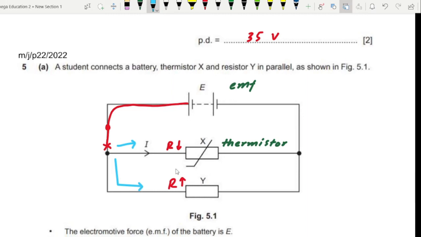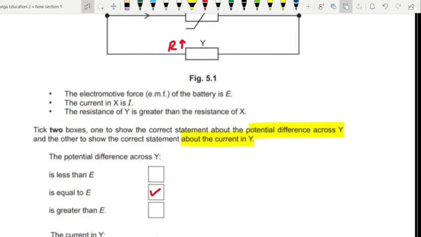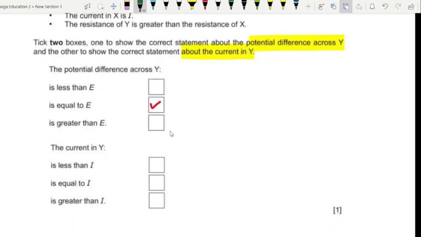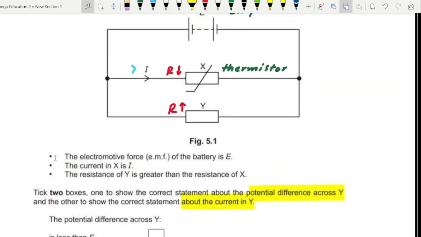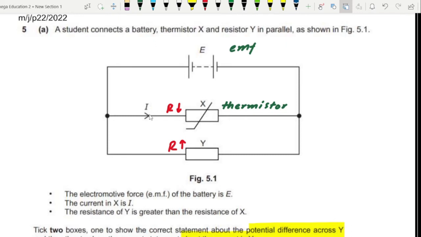So through the component Y, say it is having more resistance, so less current would be passing through this one, because current always wants to follow the easier path. So less current is passing through the component Y. We have to compare with I. If I was the current passing through X, then the current in component Y would be less than that.